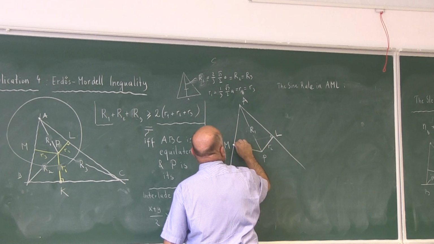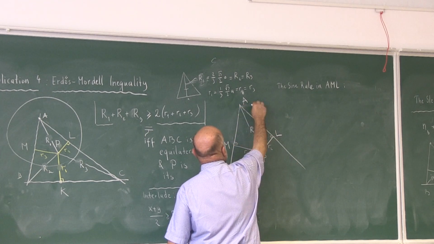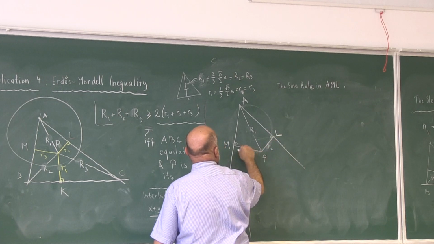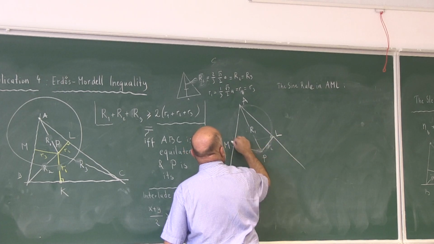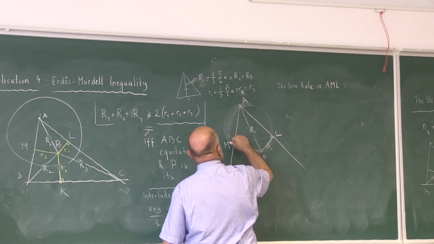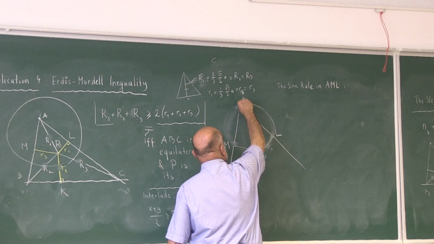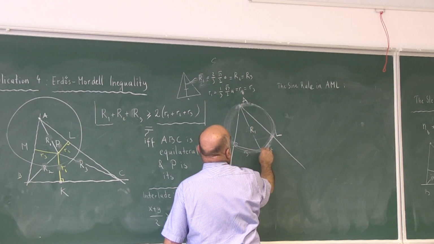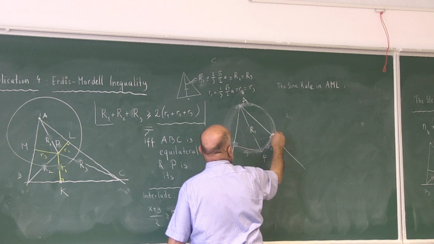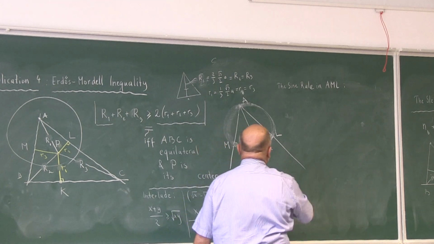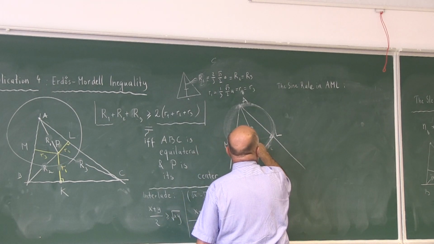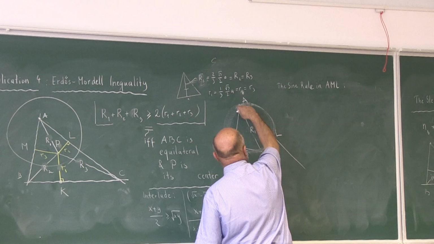If you put a circle through A, L, M, it will also pass through R, and of course the line segment AP will be a diameter because these angles are 90 degrees. So this is in fact twice the circumradius in the triangle AML.